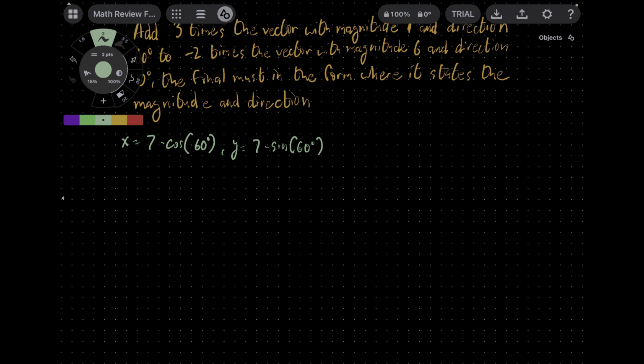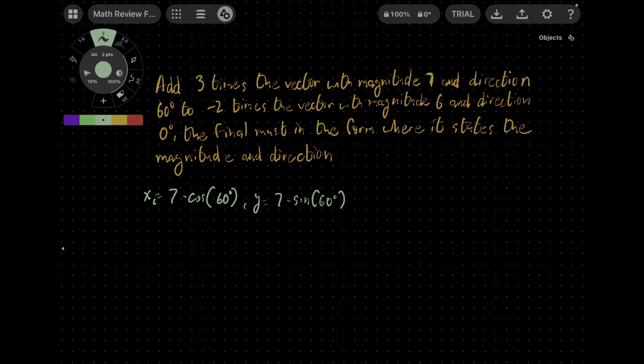Now for the next vector, x2 is equal to 6 multiplied by cosine 0 degrees. y2 is equal to 6 times the sine of 0 degrees. Now that we have this, we can solve for x1 and y1, and x1 is equal to 3.5, or 7 over 2.